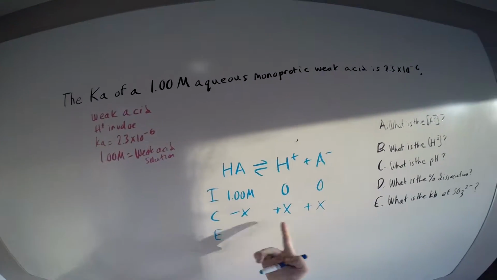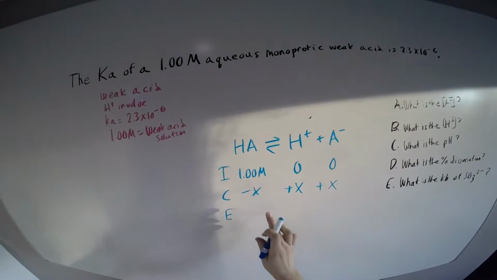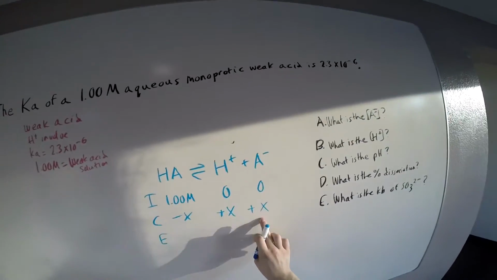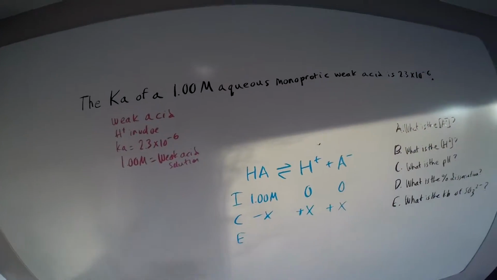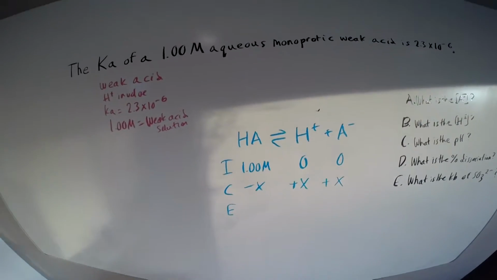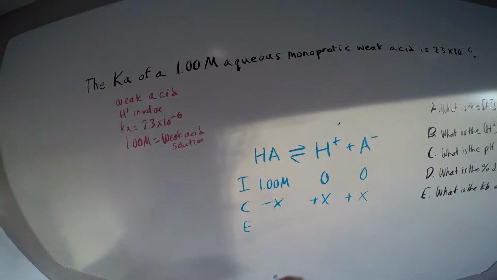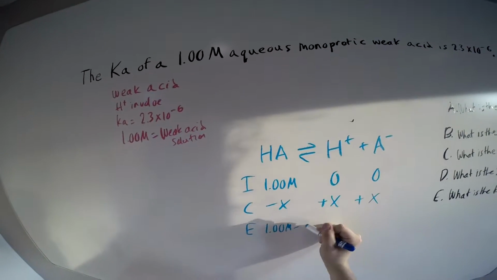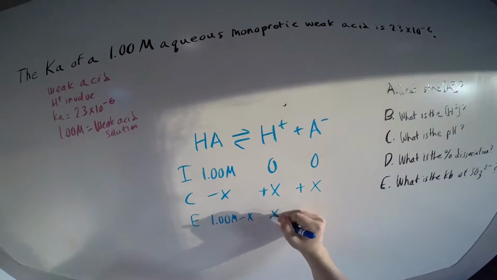So essentially, we're losing an X and we're gaining an X here and an X here. That's the molarity. I'm not writing molarity for everything else because it'll get excessive. So now we can simplify, and it becomes 1 molar minus X, and this is X, and this is X.